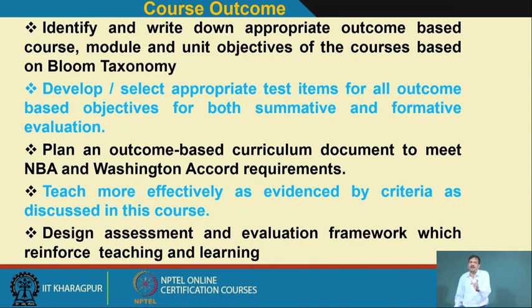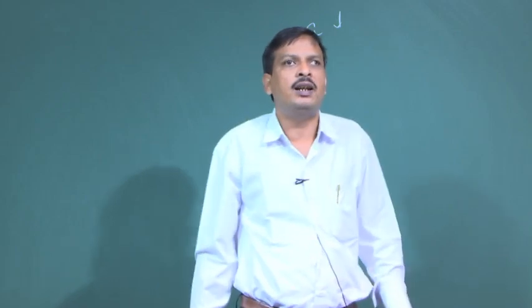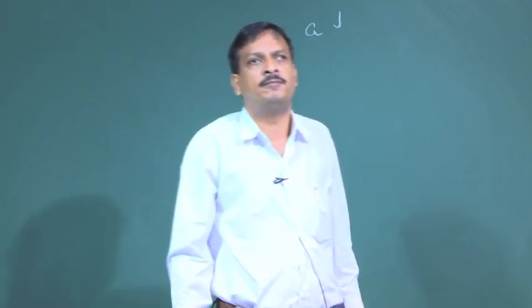You should be able to write down the course outcome or objective using Bloom taxonomy and instructional system design, so that every outcome you write is measurable, achievable and specific.